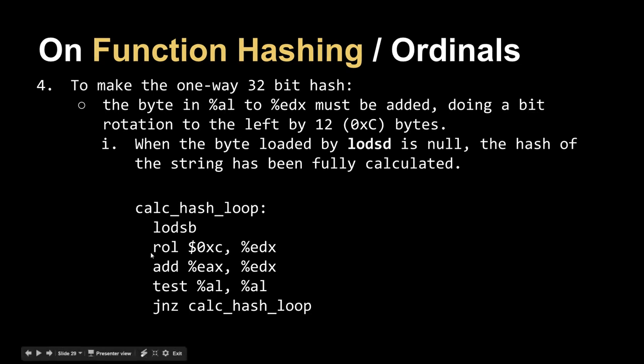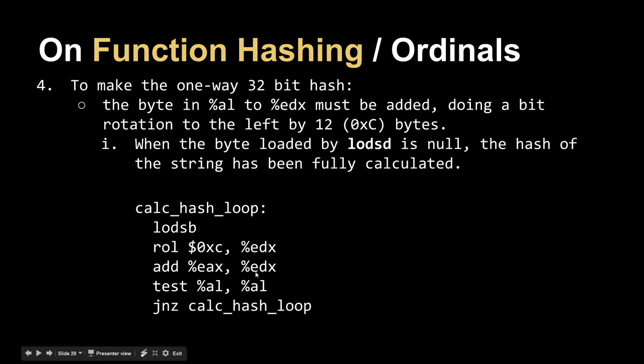This next instruction may throw off most, but it's quite common in hashing functions. We're going to rotate to the left by 12 bytes the value in EDX. For the first iteration, EDX is 0. But then we take EAX and we add it to EDX, and it gets stored in EDX.